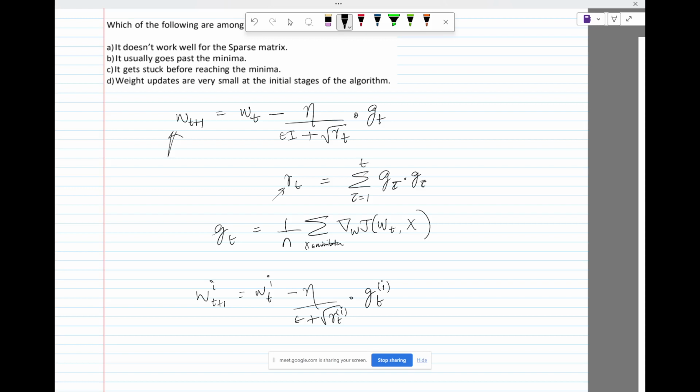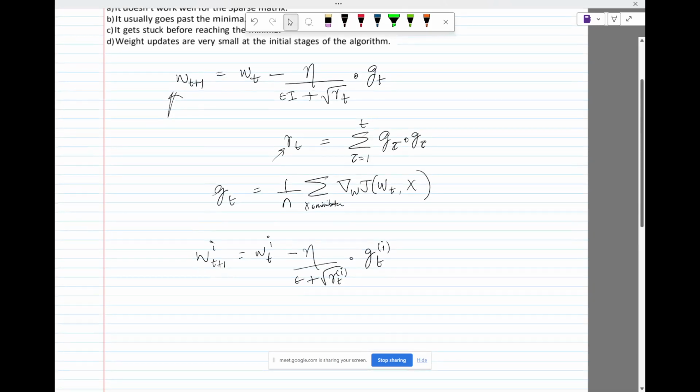The circle is the element wise product. So here, because there is only one element, you can consider direct scalar multiplication.